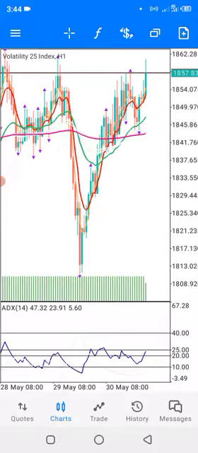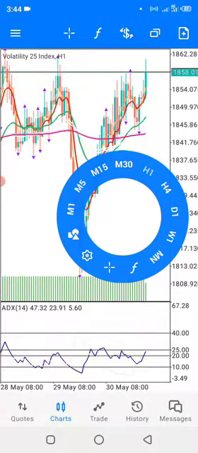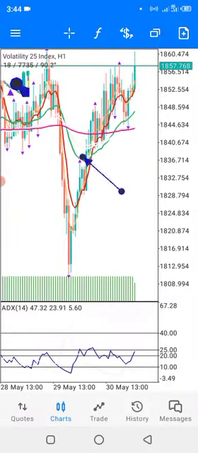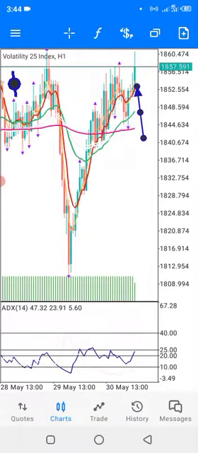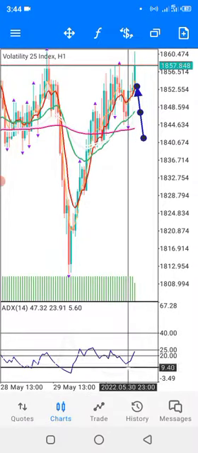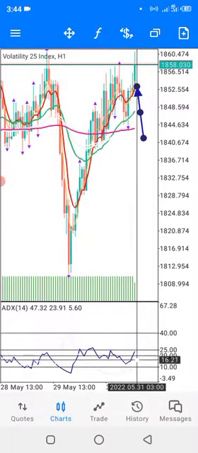On PC, if you look at this trend now, this is the 1 hour time frame on VIX 25, and what I'm seeing here on the 1 hour time frame shows an uptrend. Look at it, it's an uptrend. And look at my average directional movement index, it's pointing upward, and it's still going to go up.